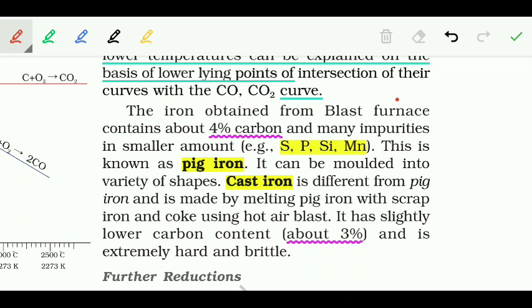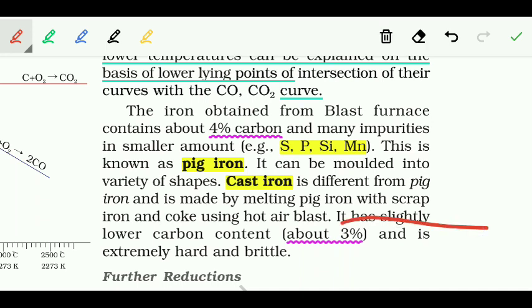Now here we have the definition of pig iron. If someone asks about pig iron, you must have the idea that the carbon content will be 4%. So pig iron has 4% carbon content, along with some other impurities like sulfur, phosphorus, silicon, manganese, etc. Cast iron is quite different from pig iron, but it is made from pig iron by melting pig iron with scrap.